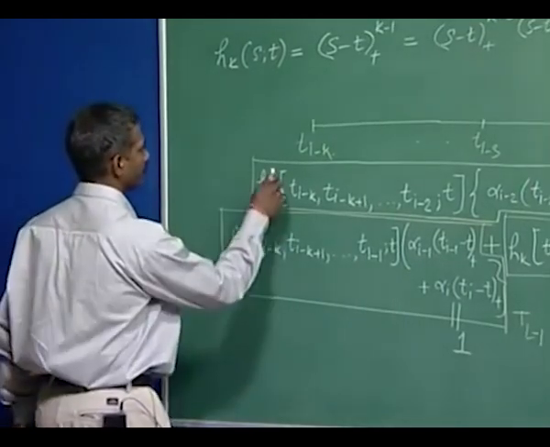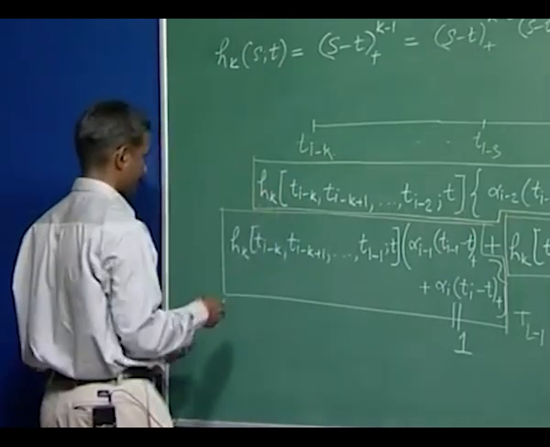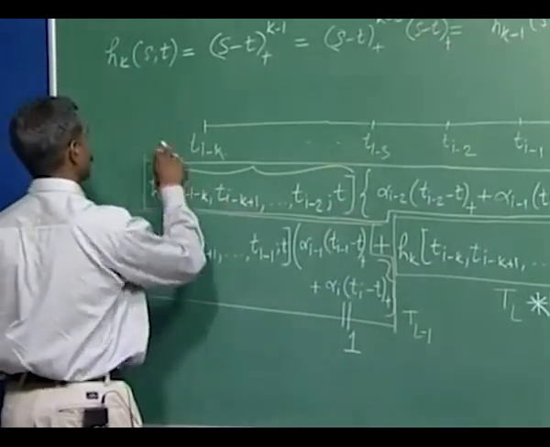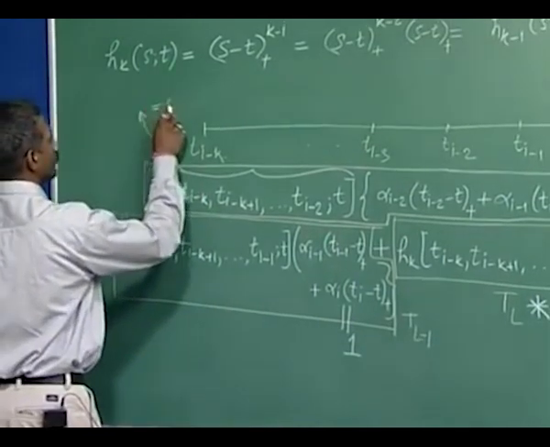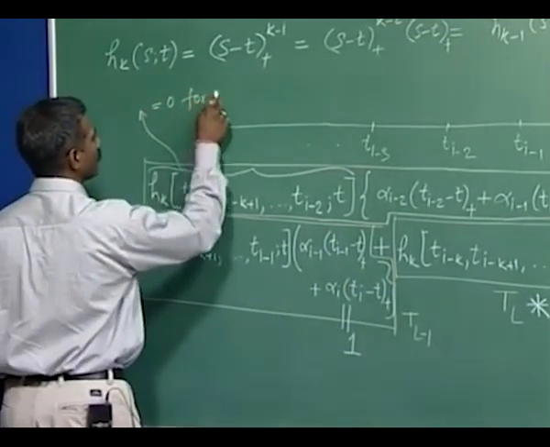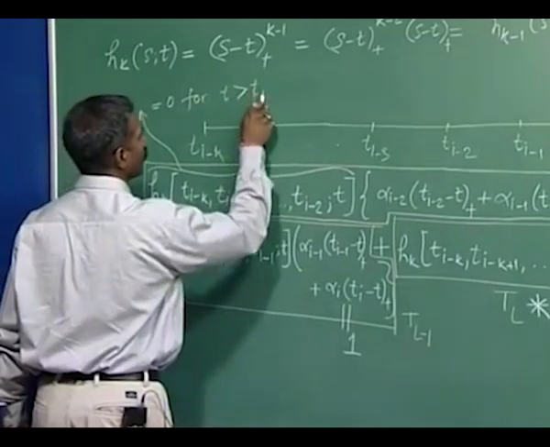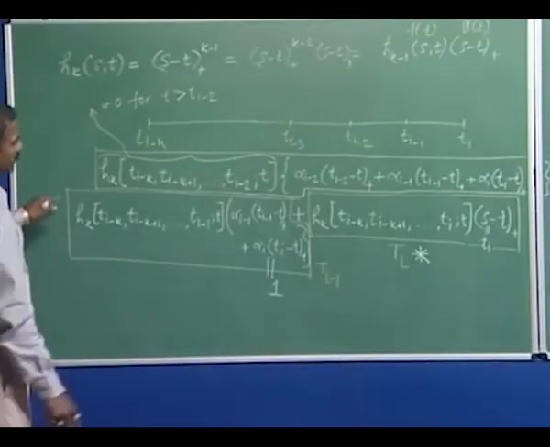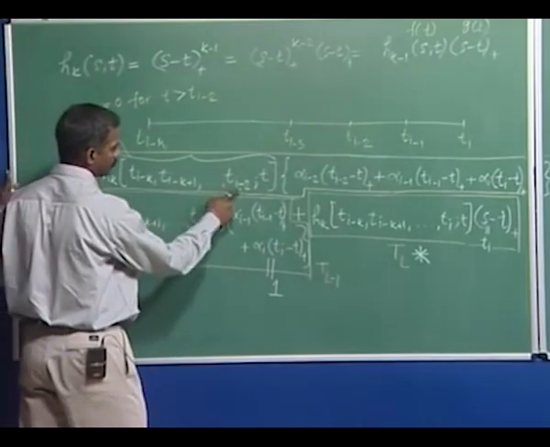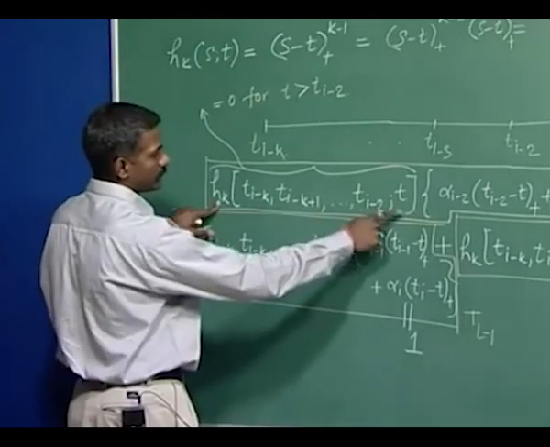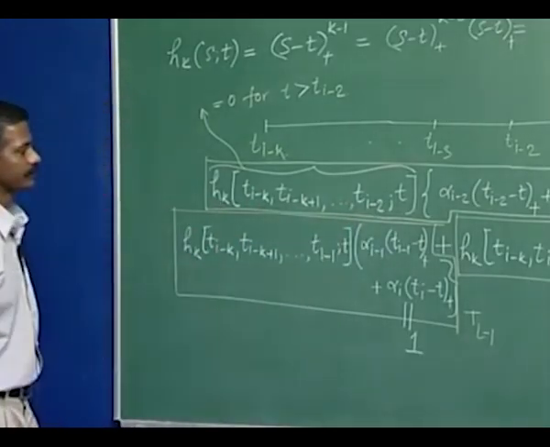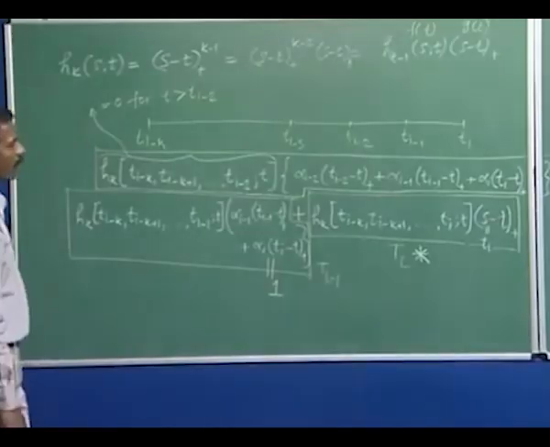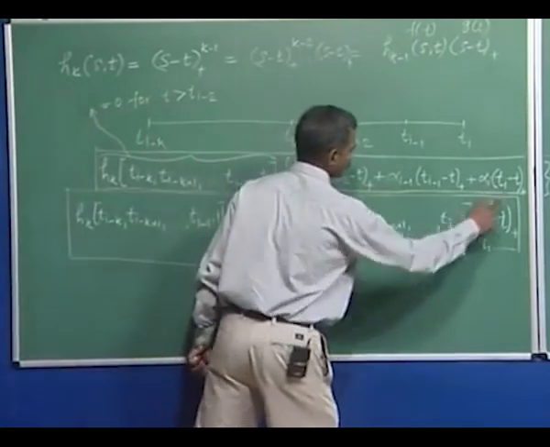Let me write this thing down for you. For t smaller than t_{i-2}, this term will be non-zero. What would happen to this term here?